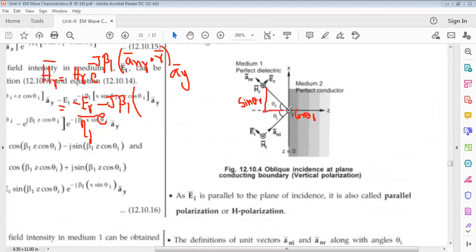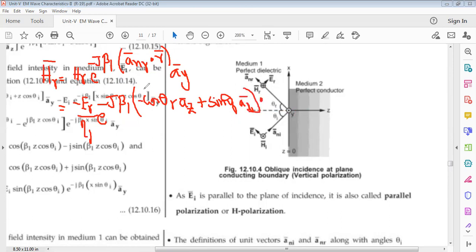It travels in the negative z direction: cos theta r into a_z bar is a minus, and plus sin theta r into a_x bar.